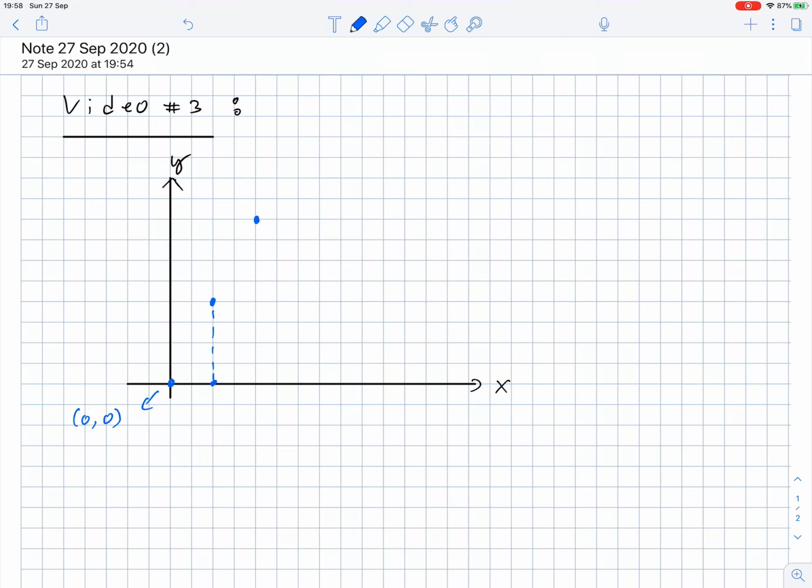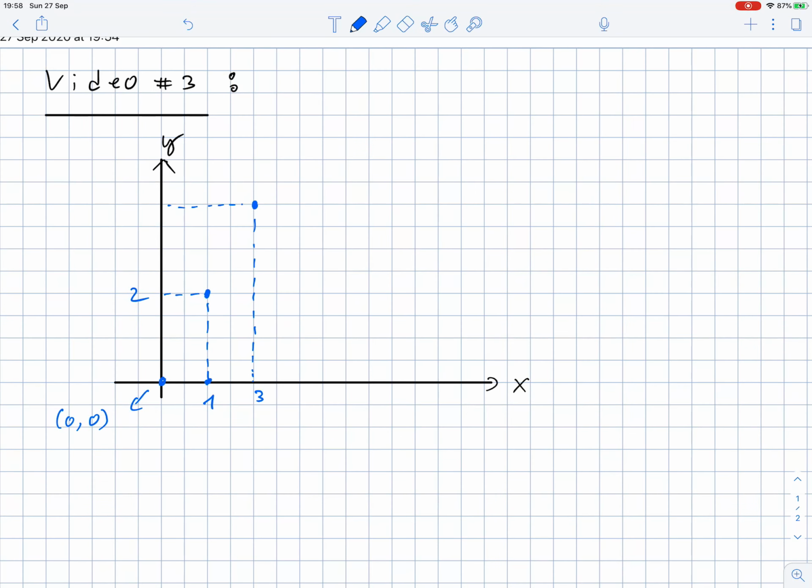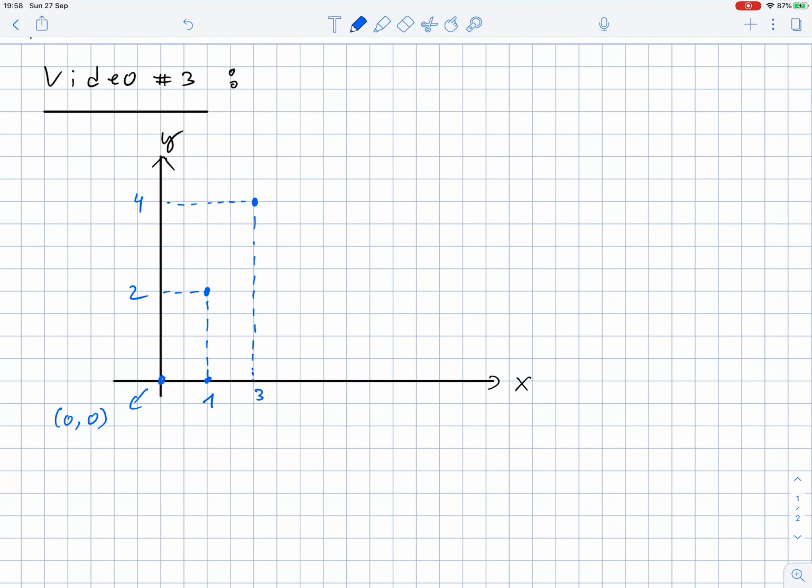This is the second point where x equals 1 and y equals 2, and the third point where x equals 3 and y equals 4. First coordinate, second coordinate, and the third one. And we know that all those points belong to a linear function.